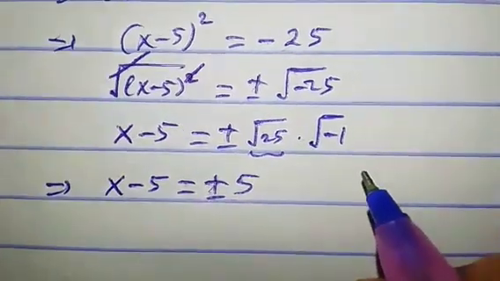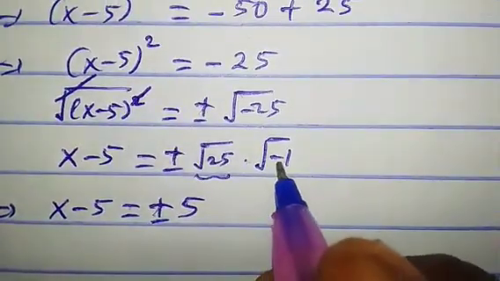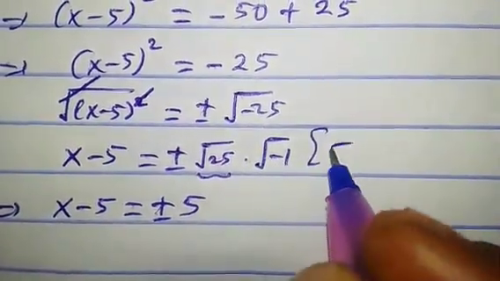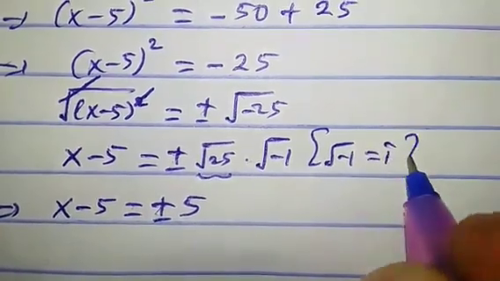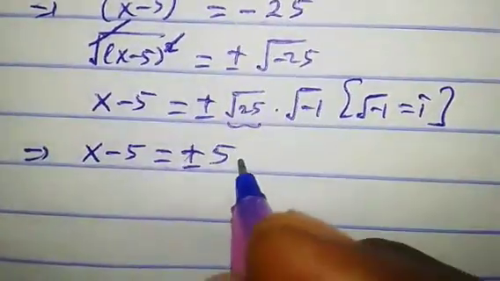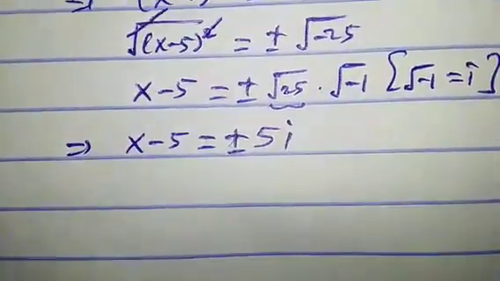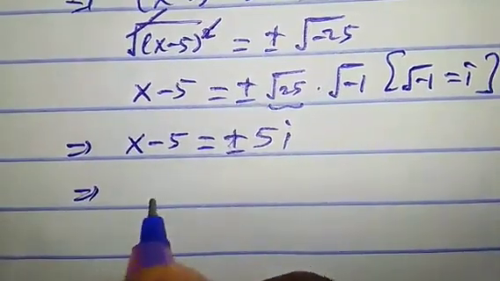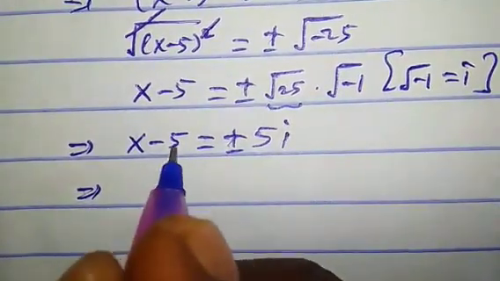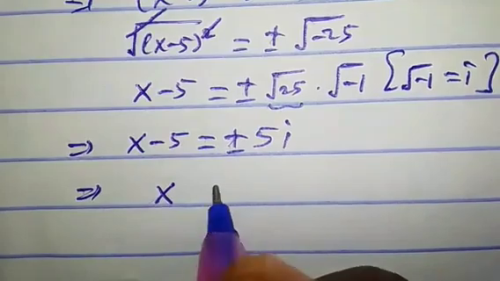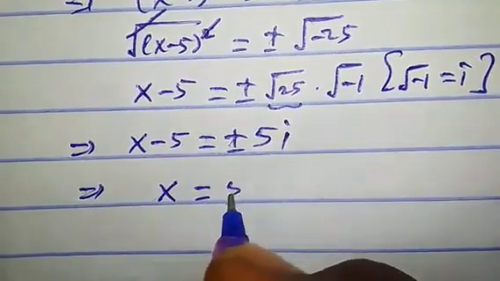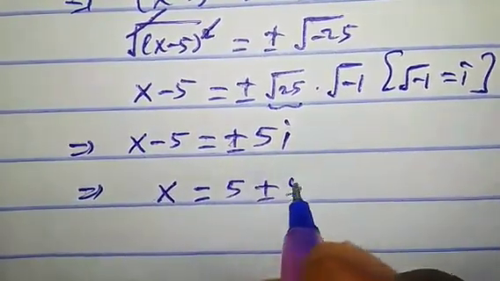And also, from complex numbers, we know that the square root of −1 is equal to i. So let's replace this guy with i. This implies that x, moving −5 to the right hand side, we have 5 plus or minus 5i.